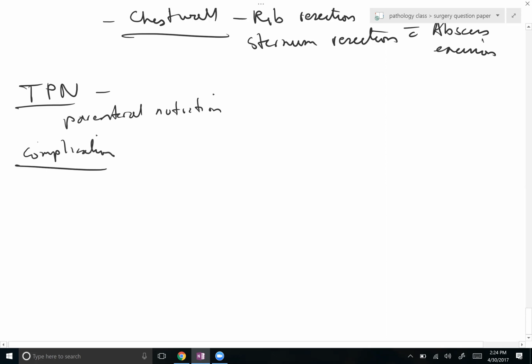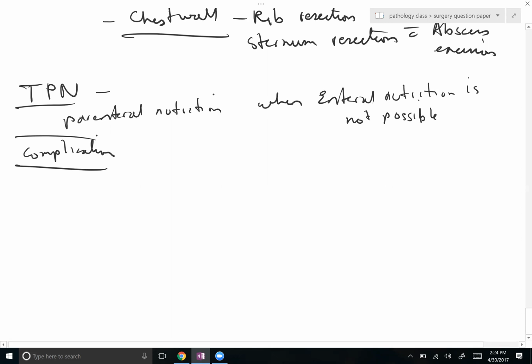Why is total parenteral nutrition given? This can be considered when enteral nutrition is not possible, then we go for total parenteral nutrition.